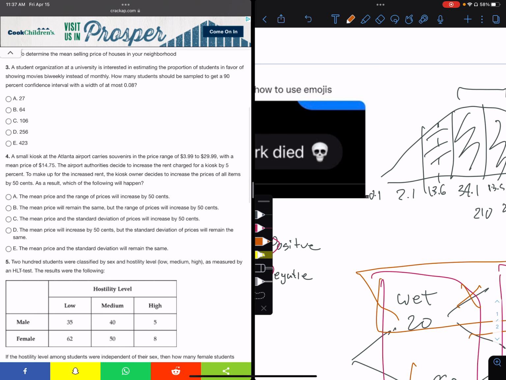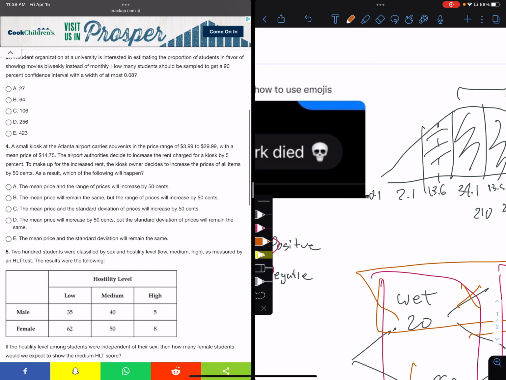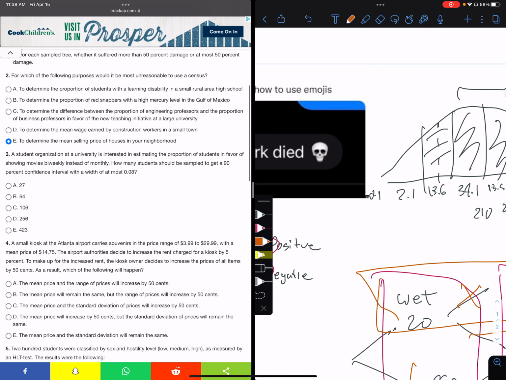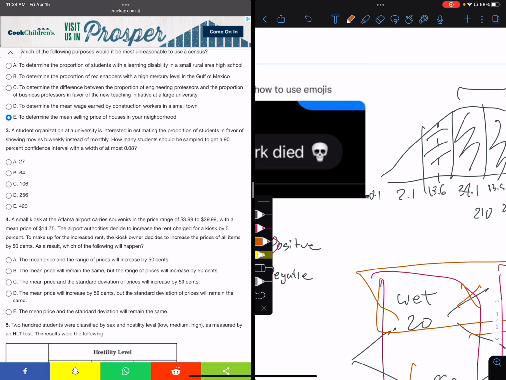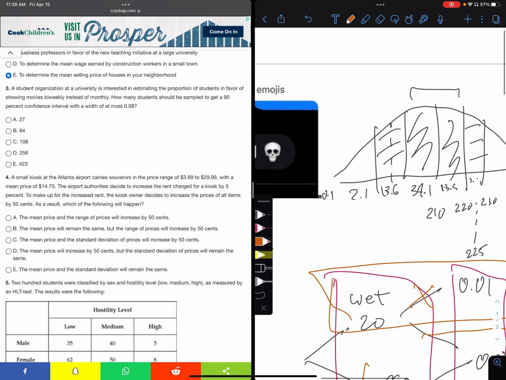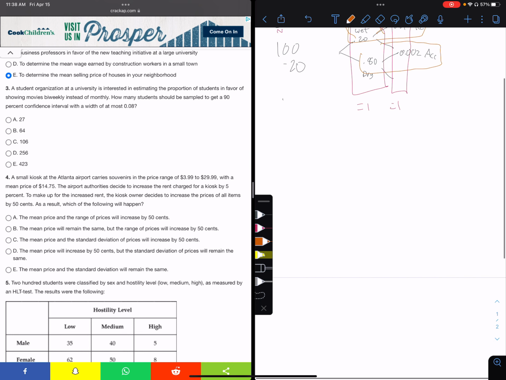A student organization in the university is interested in estimating the proportion of students in favor of showing movies bi-weekly instead of monthly. 10 questions. How many students should be sampled to get a 90% confidence interval with a width of at most 0.08? Hmm. There's a formula for this.